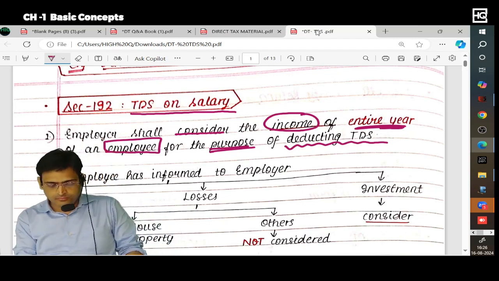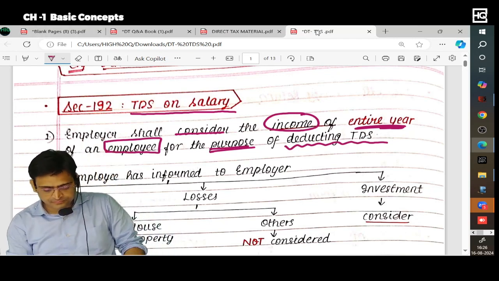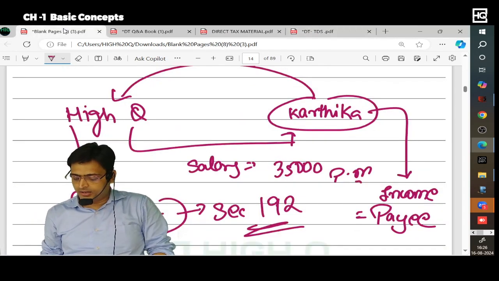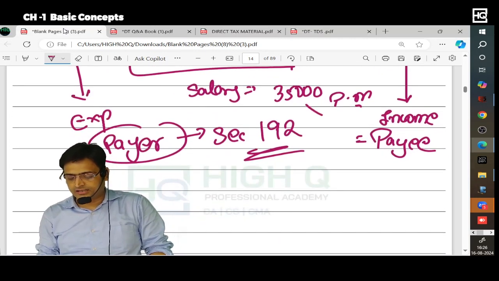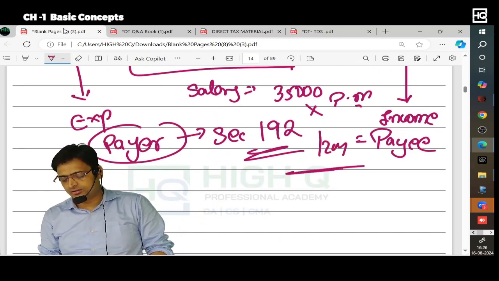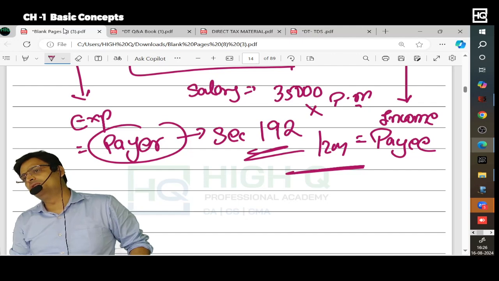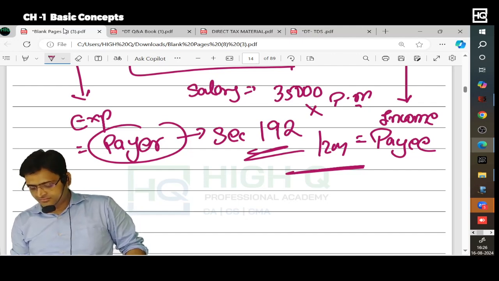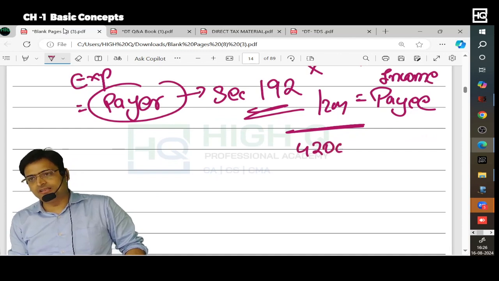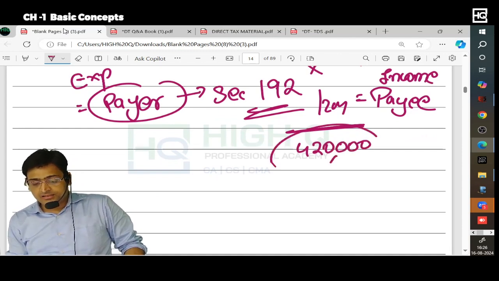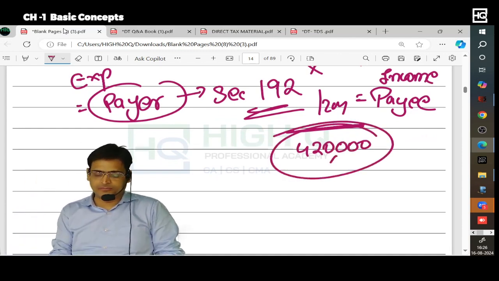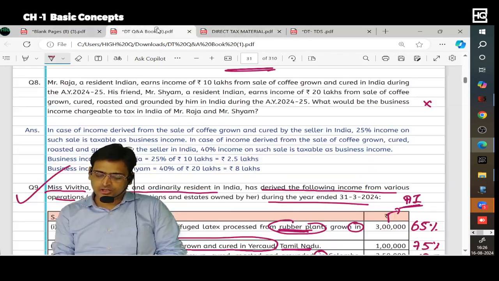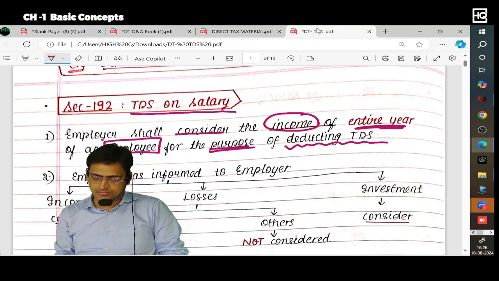That means the employer will consider that 12 months salary is there, right? So how much is it? Calculating, my God, 4,20,000. 4,20,000 income. This income they will consider for the purpose of deducting TDS. Employer will consider income of the entire year for the purpose of deducting TDS.